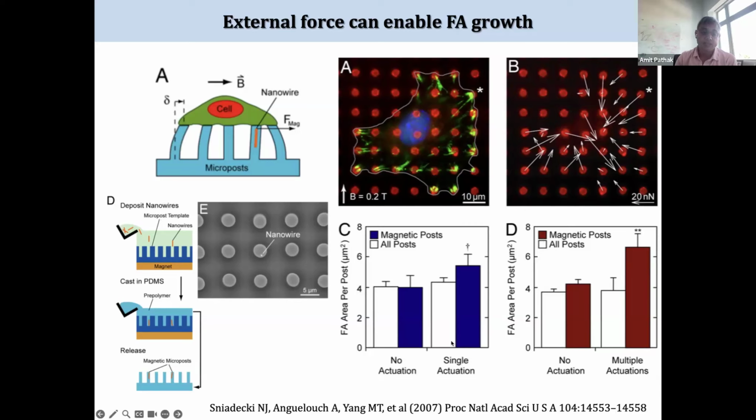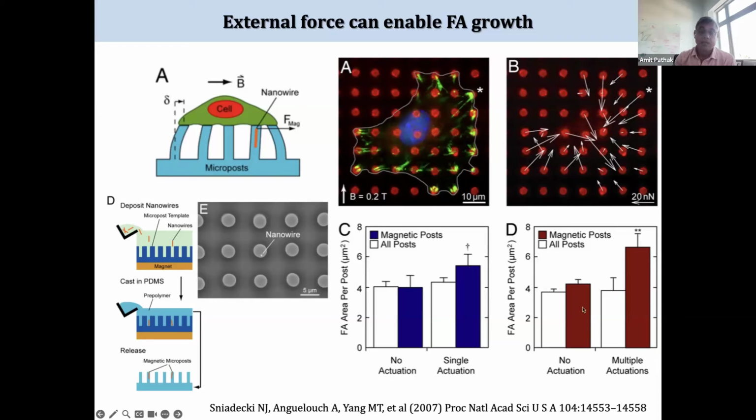That's what the plot in C is showing: if you do no actuation of the magnetic post, focal adhesion area is such. But if you do a single actuation, then the focal adhesion area on that post is much higher, about 20% or so. That is very clear evidence that force applied, even externally, on those adhesions will make them mature.